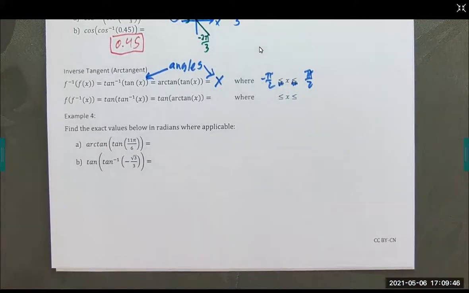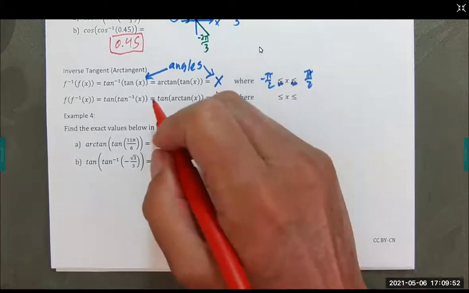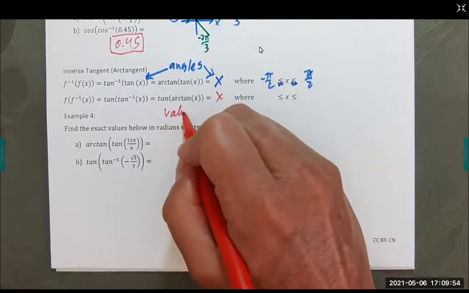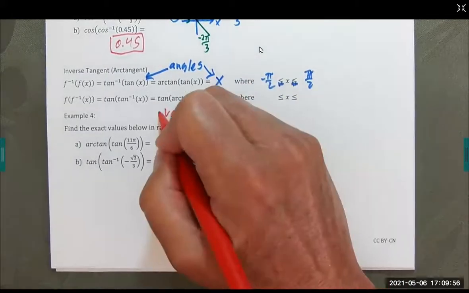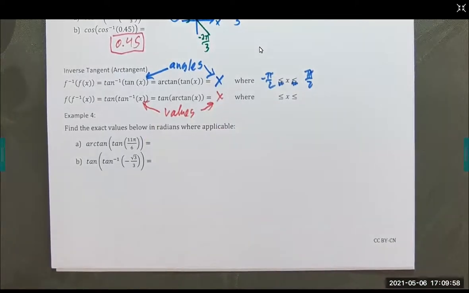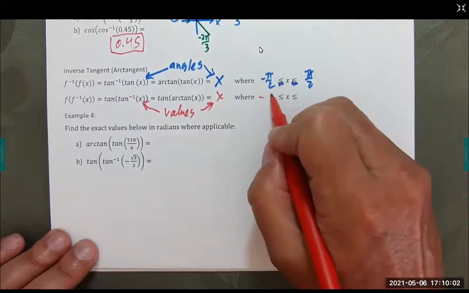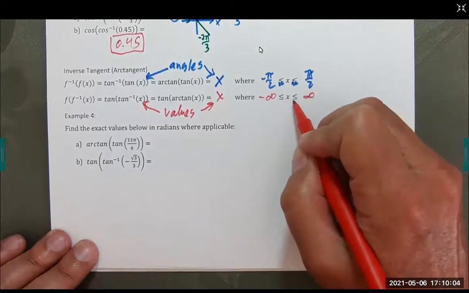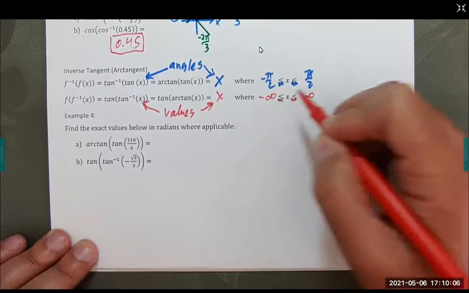It's just less than and less than. Now these values are just values. And those values go from negative infinity to infinity. And again, there's no equals with that. Just less than and less than.